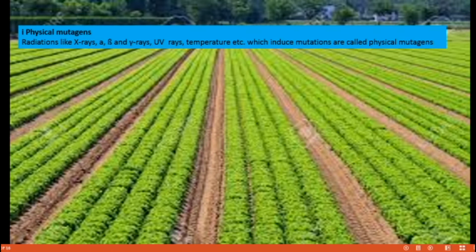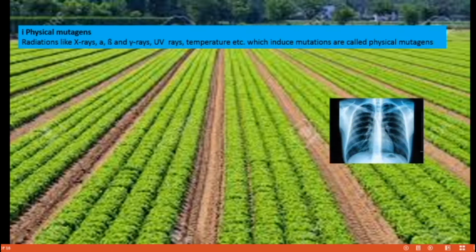Normally we use X-rays to see the internal organs of our human body. Sometimes they are used as a mutagen in plants.